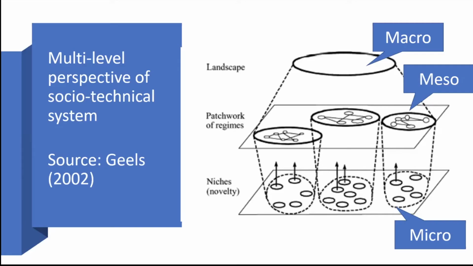Effective governance is an important factor which these landscapes will provide. And having all the trajectories coming together, there will be a market space for those innovations, and they will get transformed into the regimes. That is how this multi-level perspective works.